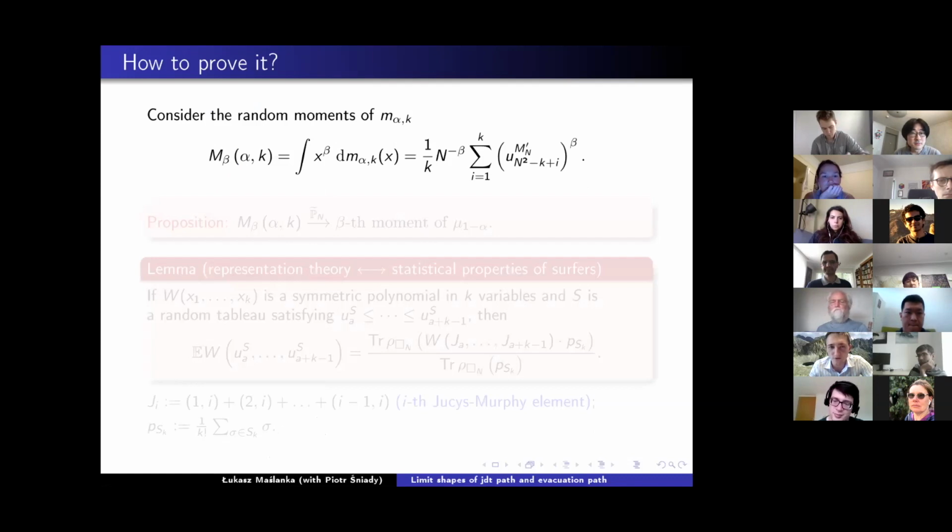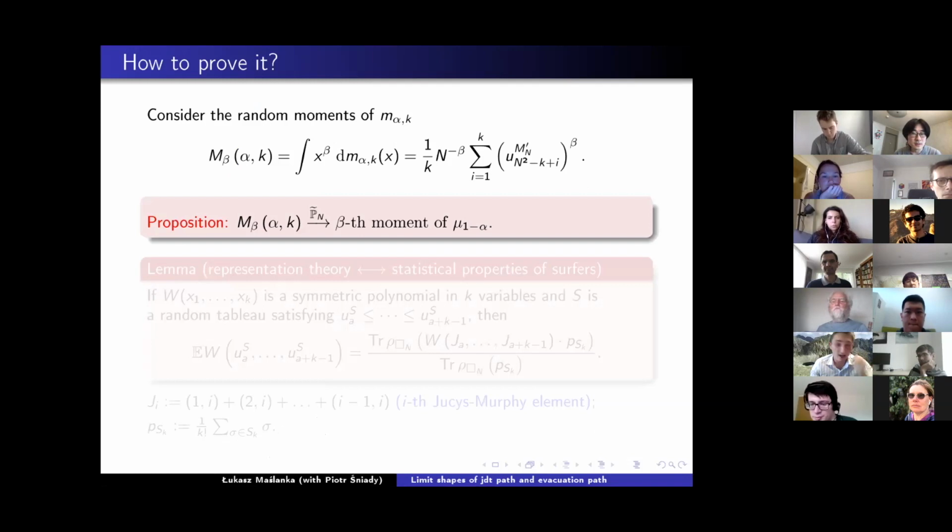Then they are also random, but it turns out that if the number of the multi-surfers is bigger and bigger, and also the size of the square is bigger and bigger, then these random moments converge to deterministic values, which are exactly the proper moments of the limit distribution found by Pittel and Rock.